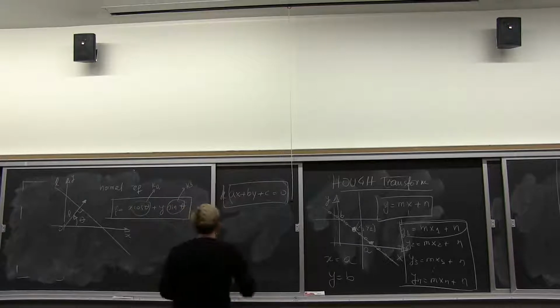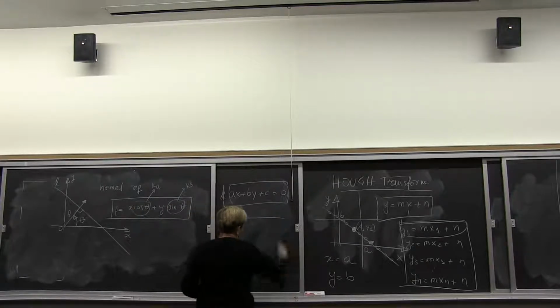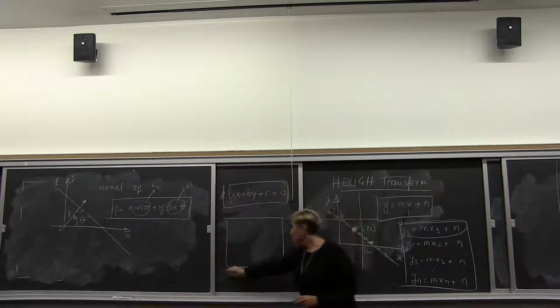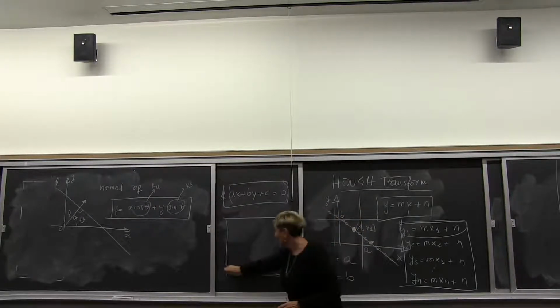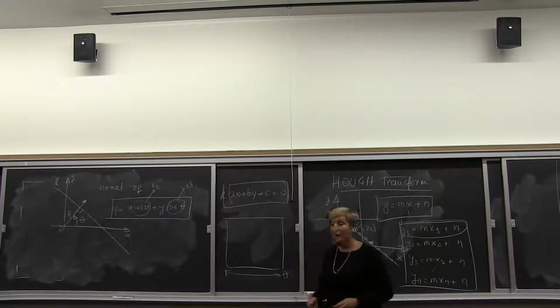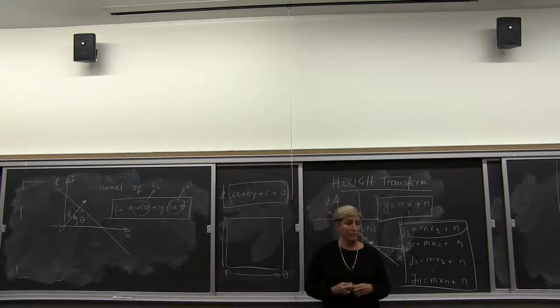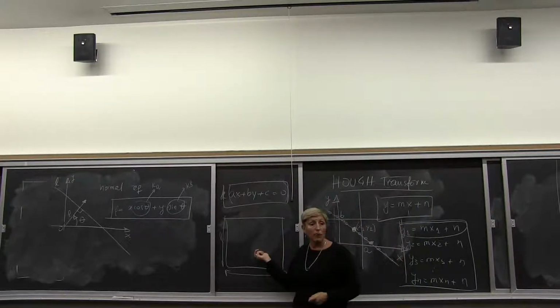I can now represent my parameter space as a finite place, where here I have how much theta varies, and over here I have how much rho varies. Every pixel that is an edge is going to vote for a rho and theta.